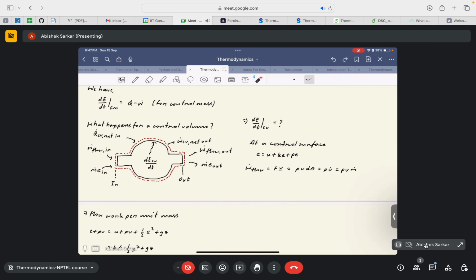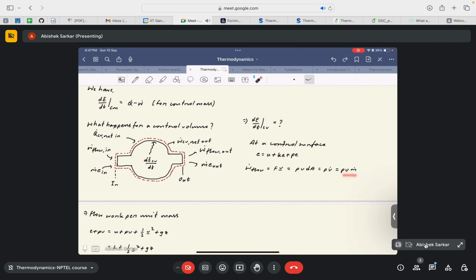Okay, so the major difference that comes into picture while understanding these kinds of systems is that in the first law we now need to take into consideration the mass flux and the energy flux that comes in and goes out of the control volume. Okay, and one more terminology that is very important is the flow work. Okay, that is given by this equation.